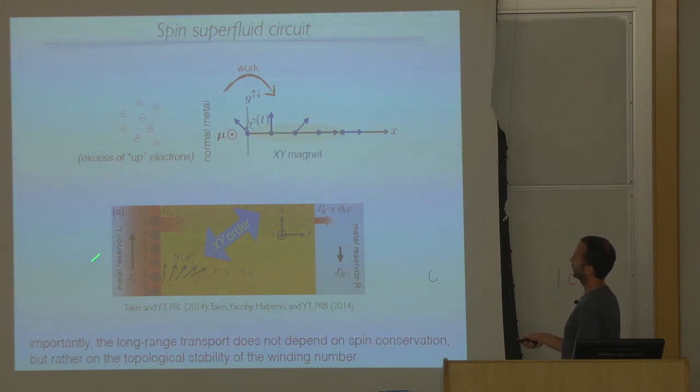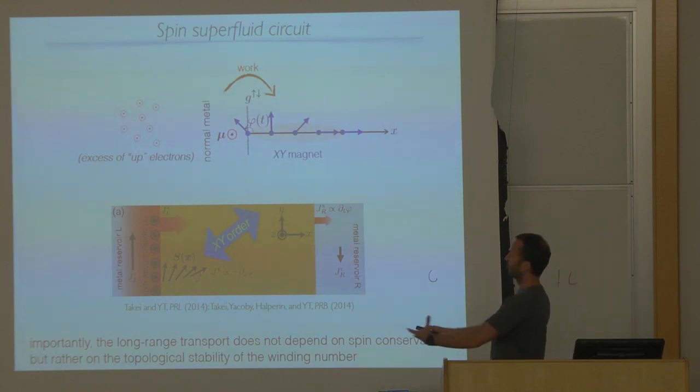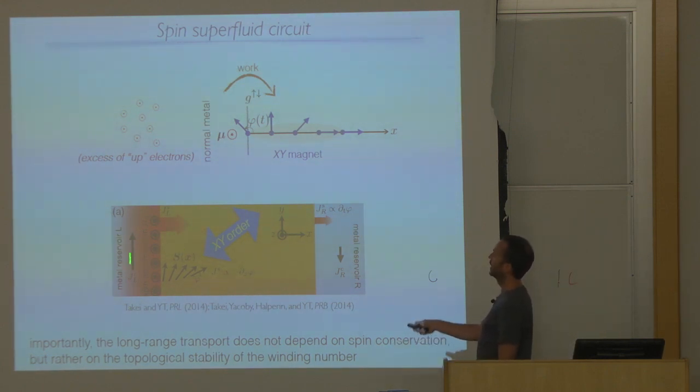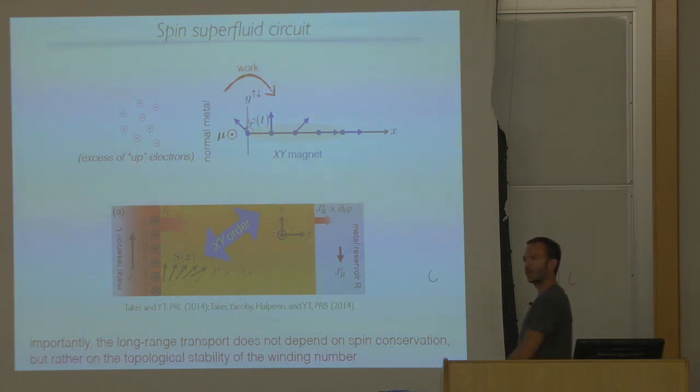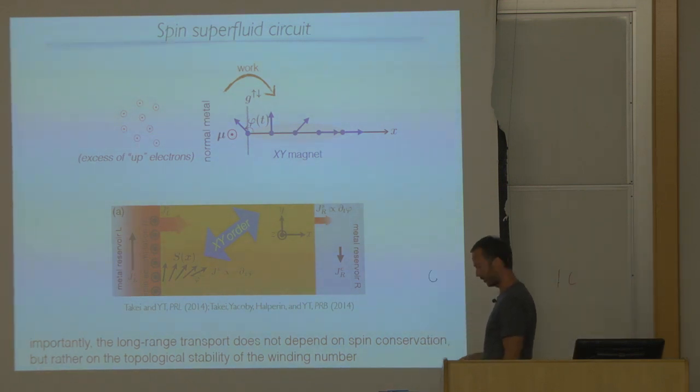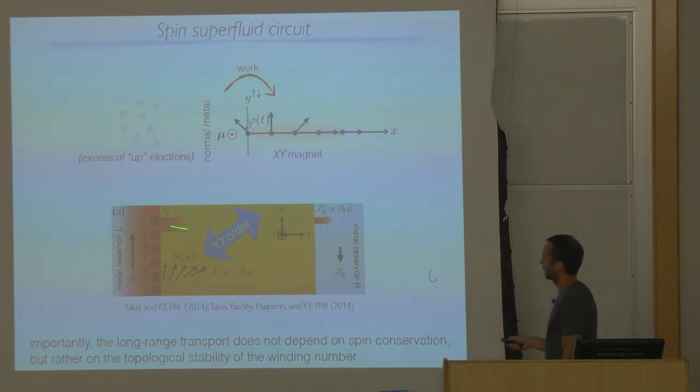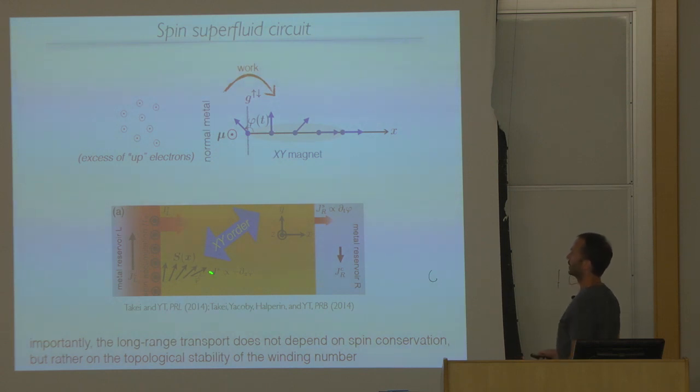And then I connect on the two sides this topological hydrodynamic medium to metals, apply electrical current here to inject spin, and then detect the winding that comes out here by measuring voltage in this second metal contact. So it's exactly the same geometry as in the experiments that I showed before. Essentially, a similar geometry, but the medium is different. And I'm not supposing that the spin is even conserved in this medium.